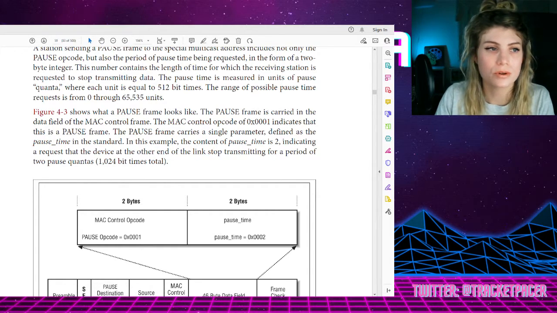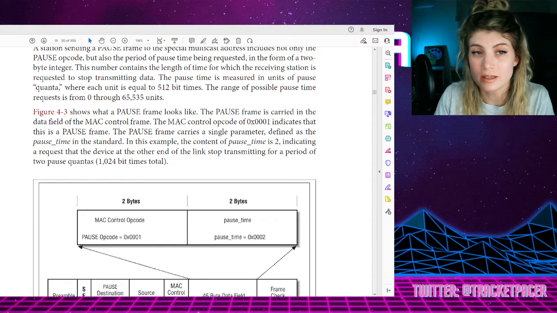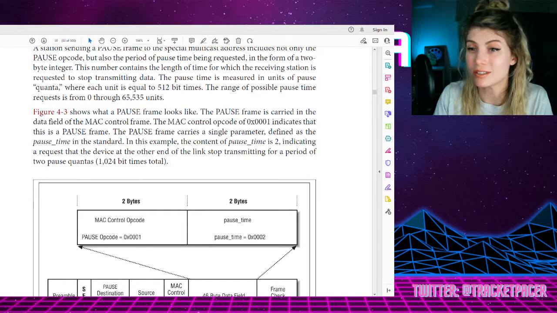But really cool. So bit time is a concept defined as the time it takes for one bit to be ejected from a network interface controller, or NIC, operating at a predefined standard speed. The time is measured between the time the LLC sublayer, which we're familiar with now, receives the instruction from the operating system until the bit actually leaves the NIC.